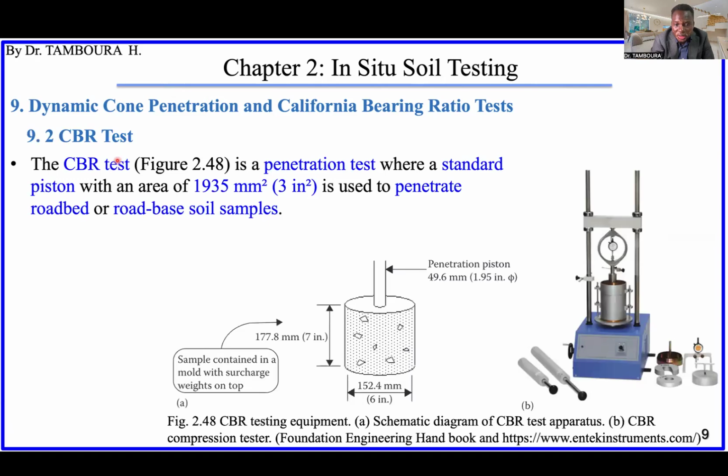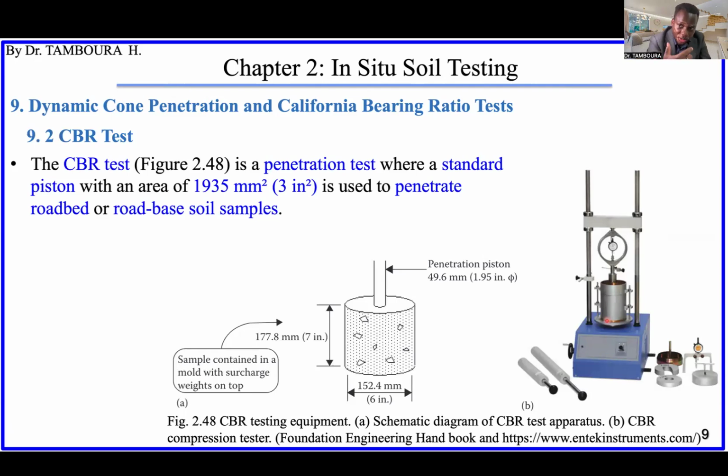So this figure is presenting the test for the Californian bearing ratio. Okay, you have here the soil sample. This is the apparatus actually, and you can see that this is like the Proctor mold.